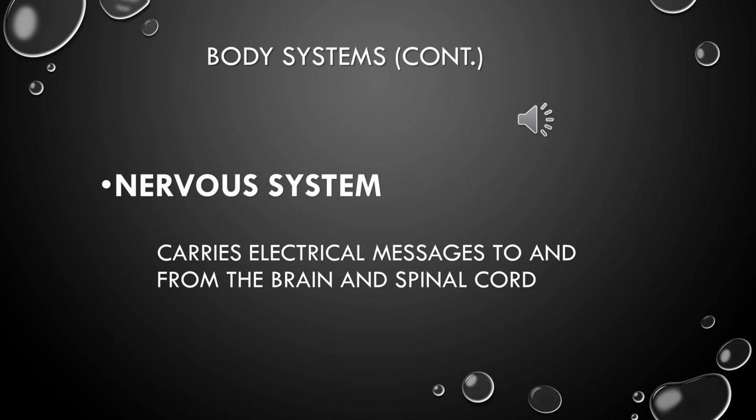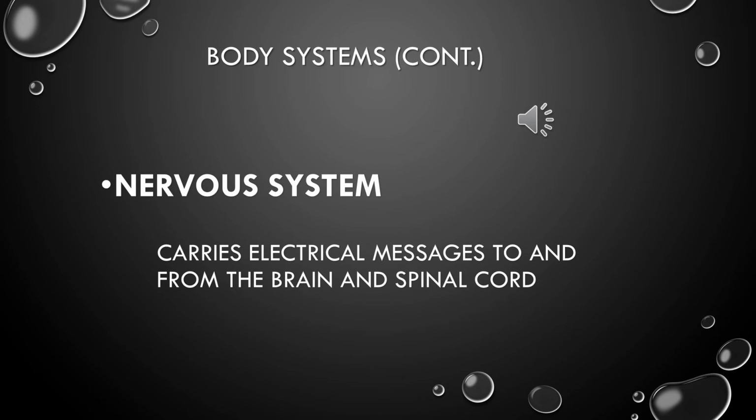As you're going through these slides and looking at your book, think of why these different systems are important and what they do, and also think of what happens if a person has a disability, injury, or illness and these systems break down.